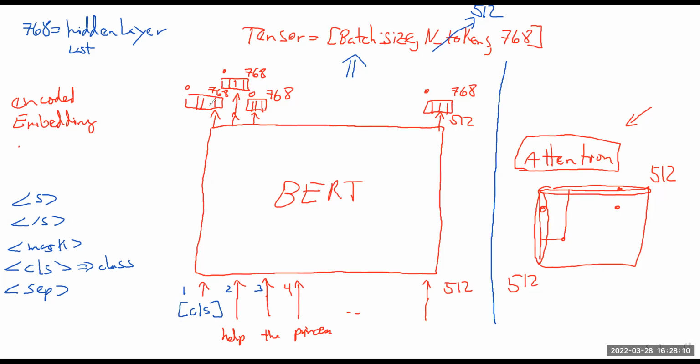Now when you look at the output layer, we have 512 inputs and 512 outputs. So for the word help, the embedding is this one. And for the word the, that's the embedding. For the last word, this is the embedding.